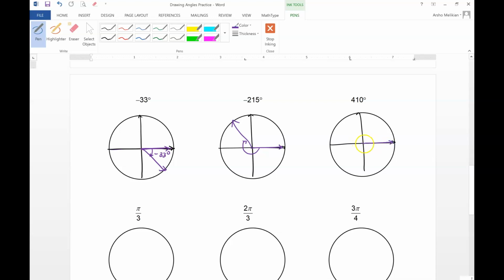How much? I'm going to make a full circle, that's 360. And then how much more do I need to go? About 50, right? So right here. Yes. So this is how I would like it to look. I want to see that you go a full circle and then one more, a little more.